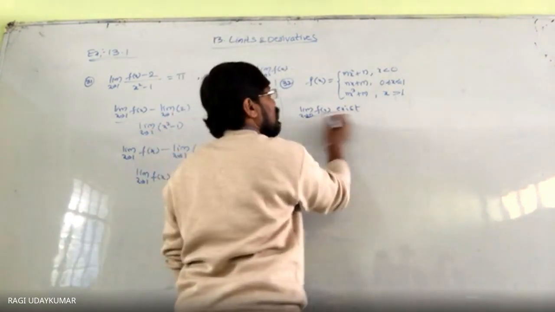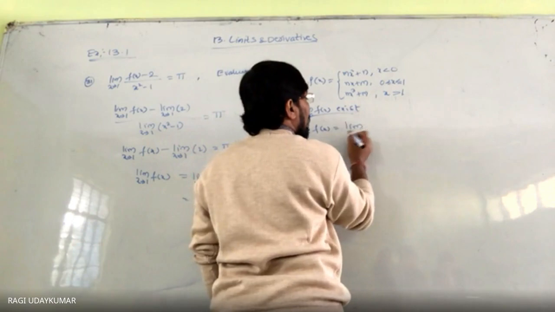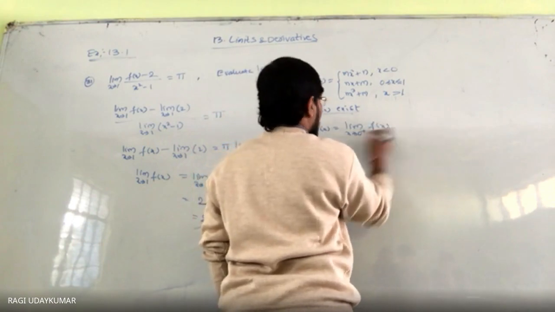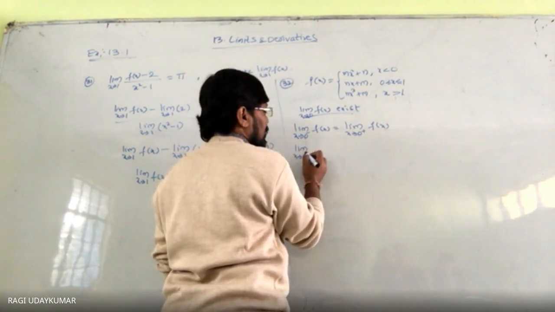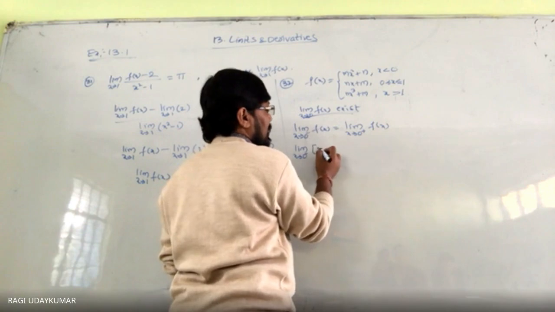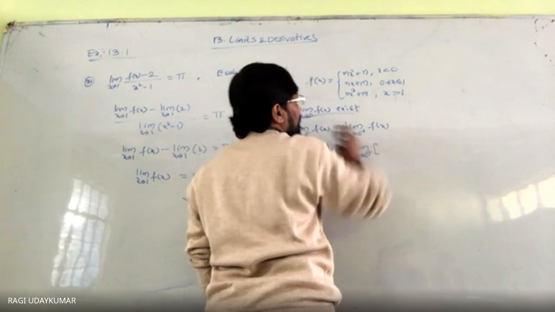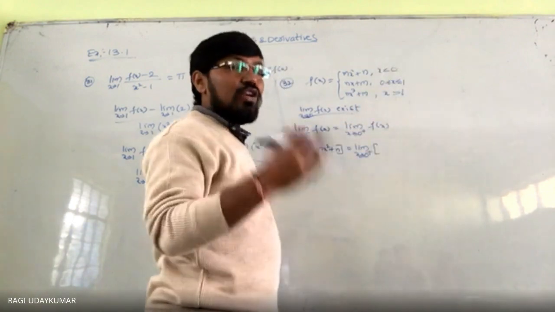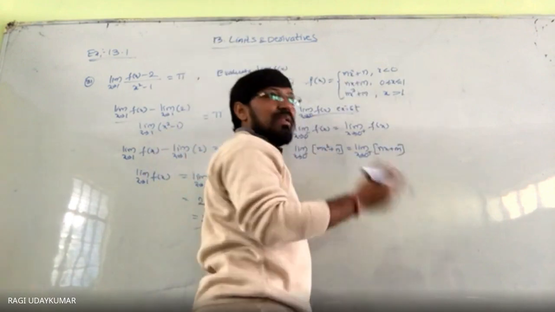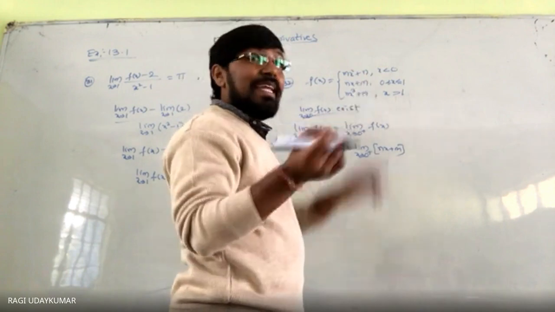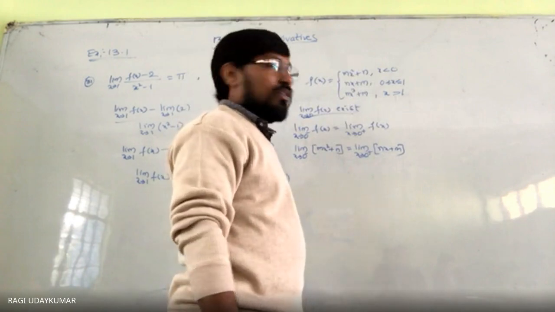Since it is said to exist, you can say that limit x tends to 0 minus of f of x equals limit x tends to 0 plus of f of x. For 0 minus, we take the function mx square plus n. For 0 plus, near 0 but to the right, we take nx plus m. You can take either, since it is very near 0 and almost equal.